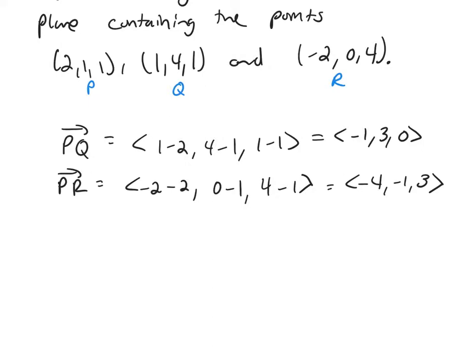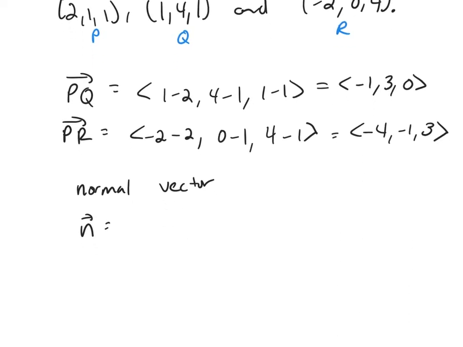Okay, so I have these two vectors, and these vectors are both on my plane. So what I need to do is produce a vector that is going to be orthogonal or perpendicular to both of these. And we have one way of doing that, and that's through the cross product. So to get our normal vector n, we're going to take PQ cross PR.